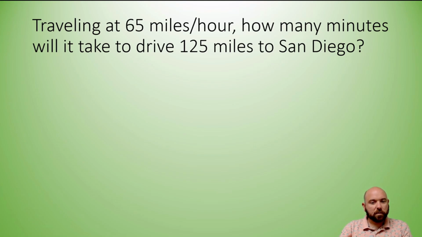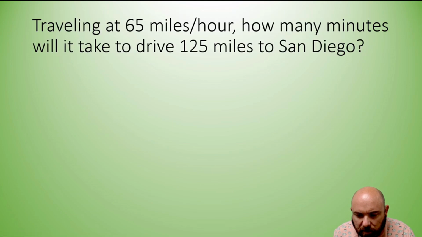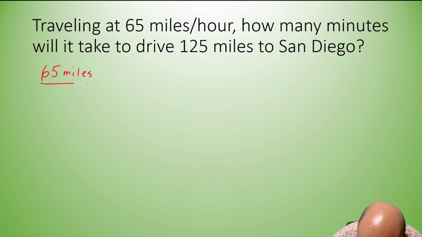One of the things we might want to understand about problems like this is when we're given these mixed unit problems, where it says we have a velocity of 65 miles per hour.